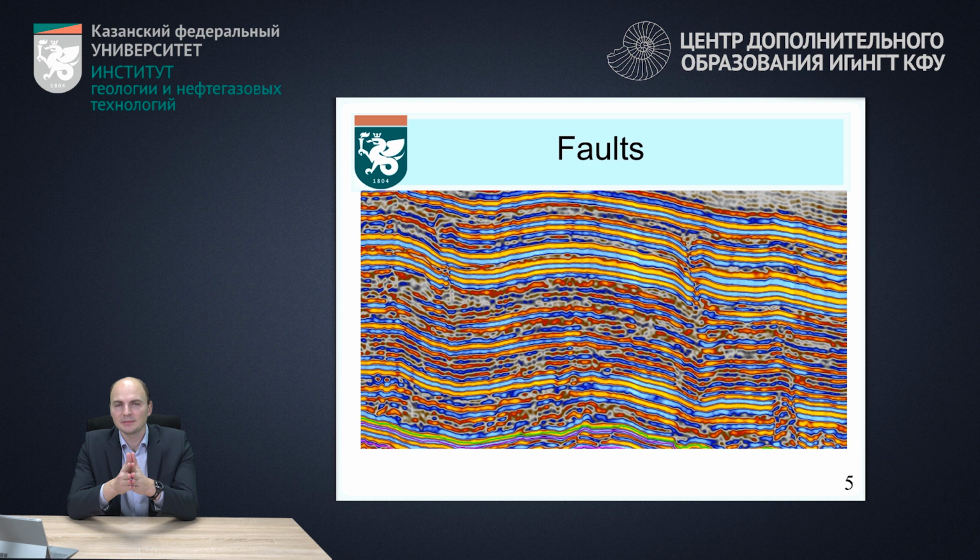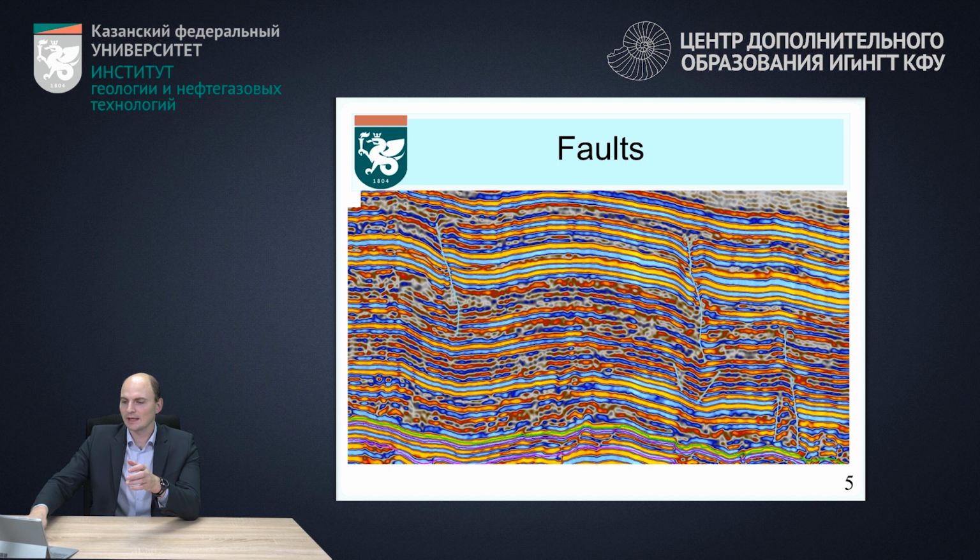In this example, you can find quite a lot of faults disconnecting different layers. That's how we can trace the main ones. But actually, you can find many more faults than are shown on that figure.